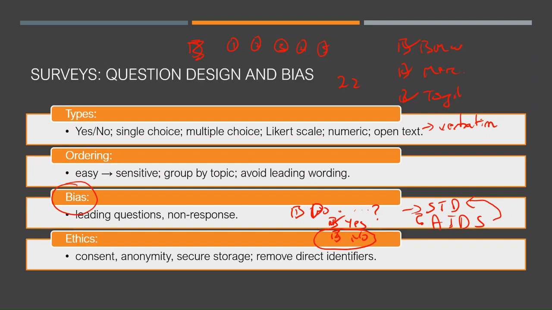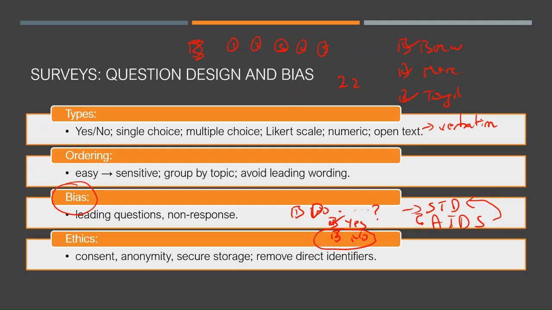And then, of course, there is a concept of ethics where you need to ensure that there is consent, anonymity, secure storage. You remove any direct identifiers when you have recorded the data. If you intend to publish the data to make it available to people, you need to ensure anonymity, remove any identifiers, which is a bit related to anonymity. But there is also the issue of consent.